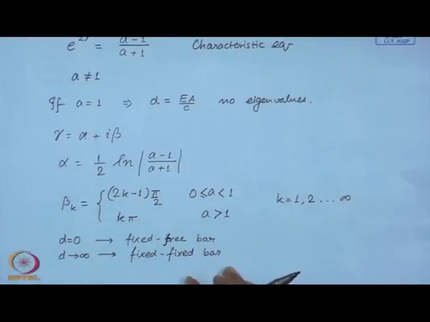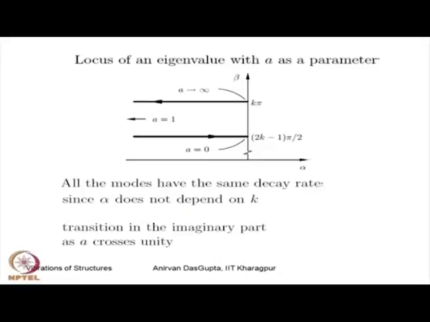Now, in this slide I have plotted the variation of alpha and beta, the solutions of gamma, the real part and the imaginary part, as A varies. When A is 0, we have a solution here.